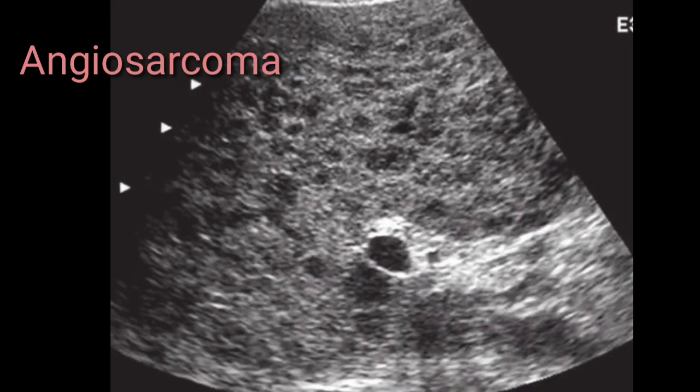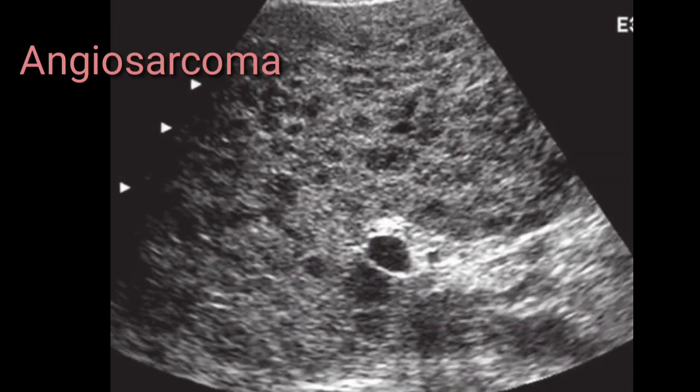These are metastatic deposits. As I already mentioned, previous history, clinical record and other investigations are helpful in differentiating these lesions. So this patient had vascular cancer and its seeding and metastatic deposits can be seen in the splenic region.